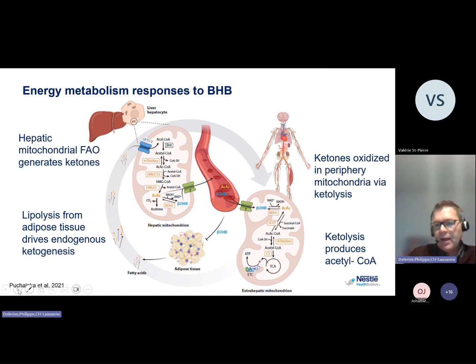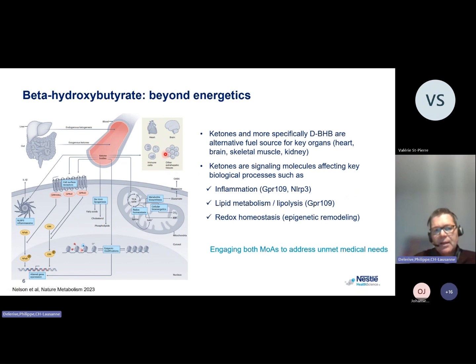However, and this is really exciting, ketones play a role beyond energetics. This was the work of the last 10 years, let's put it that way. It was reviewed by Peter Crawford's lab in Nature Metabolism last year, showing that ketones play a major signaling role, and that acetoacetate and BHB even have different signaling properties.